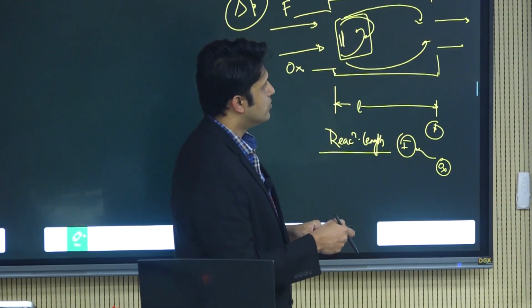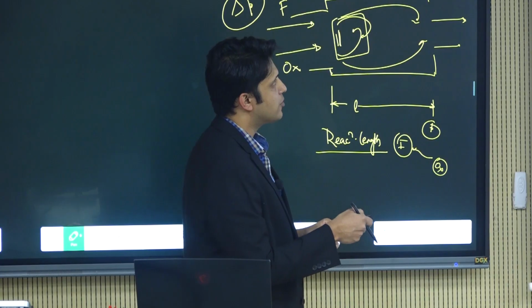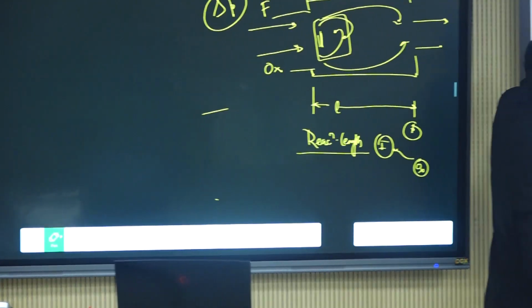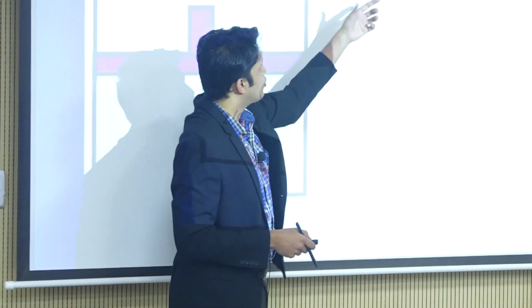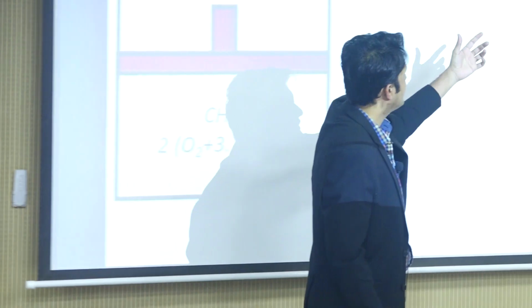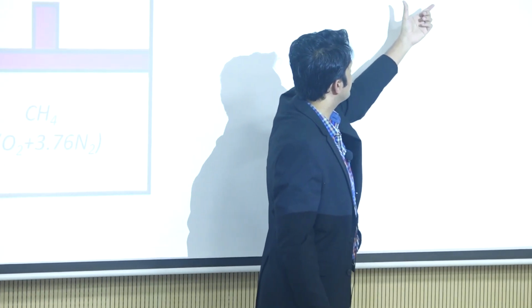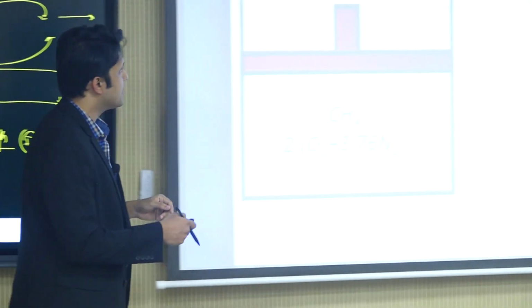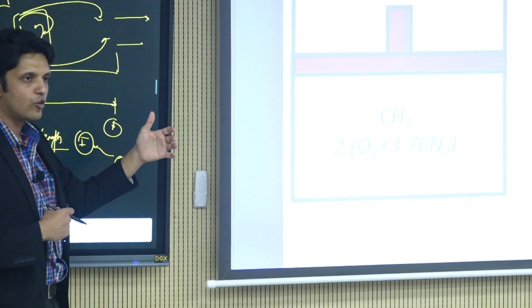Okay, so now applying the first law of thermodynamics to this system, going from state 1 to state 2, the change in total energy of the system should be balanced by the heat that is being added to the system during this change minus the work that is being done by the system. In this case the work is being done in order to expand the volume.